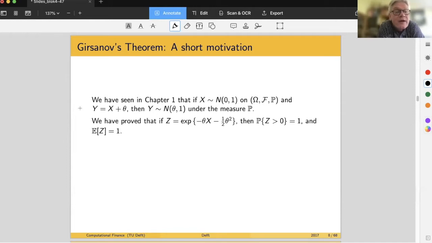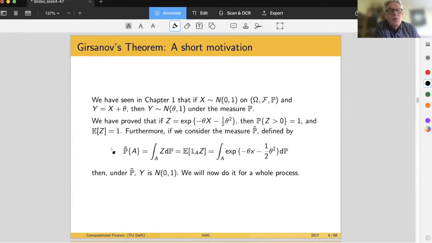And then we are in the setting of the previous video lecture, and we can define a new measure. So we have defined P tilde of A as the integral over A of Z dP, with Z the exponential function defined over here.